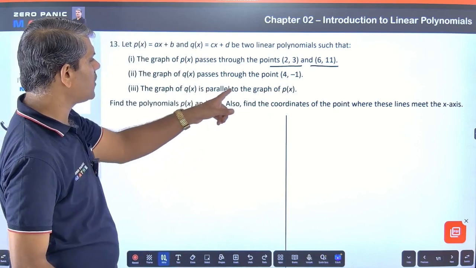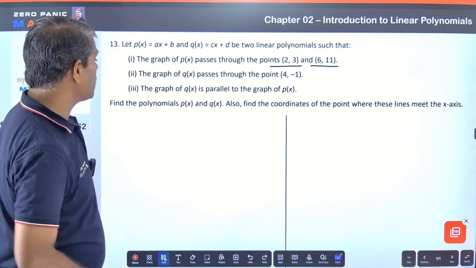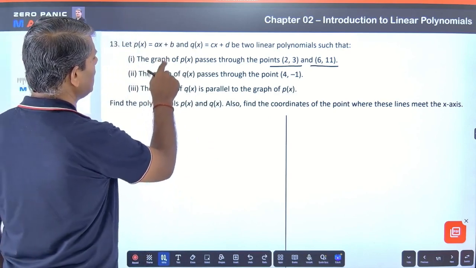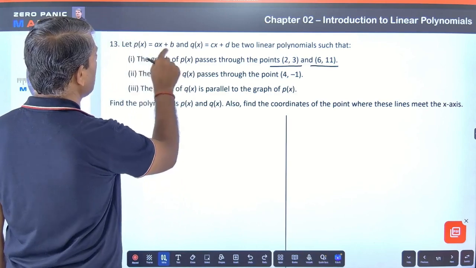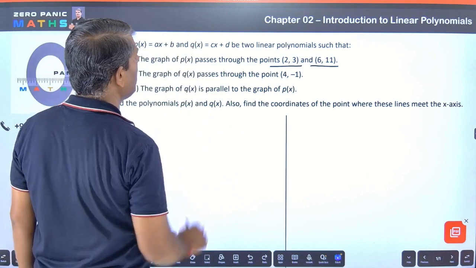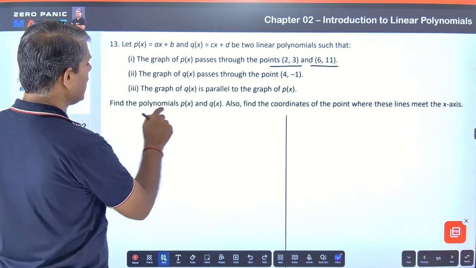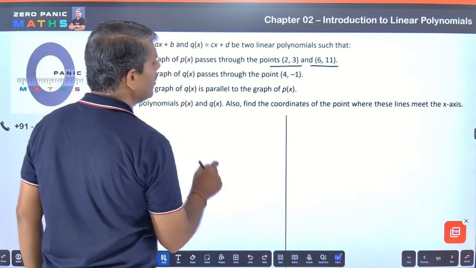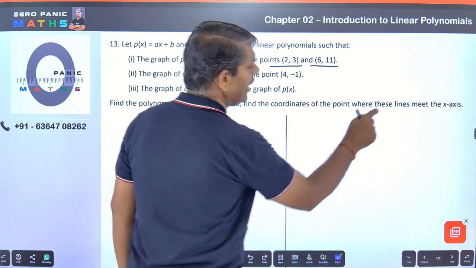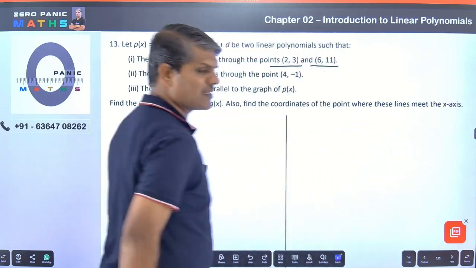How we make use of this point is a very important discussion. Let me first find the polynomial p of x, then we will find q of x. Finally we have to find both the polynomials and also the coordinates of the point where these lines meet the x-axis.